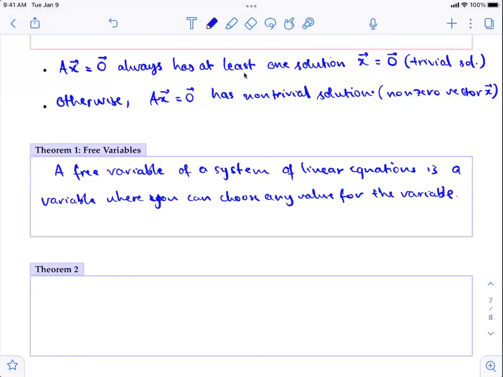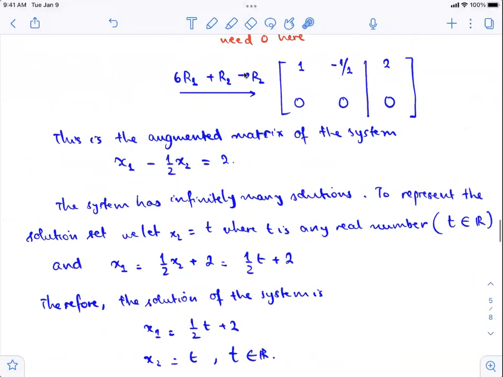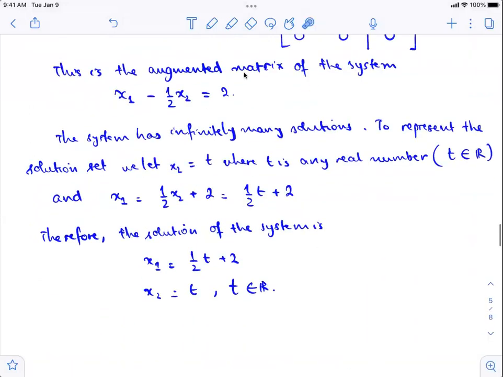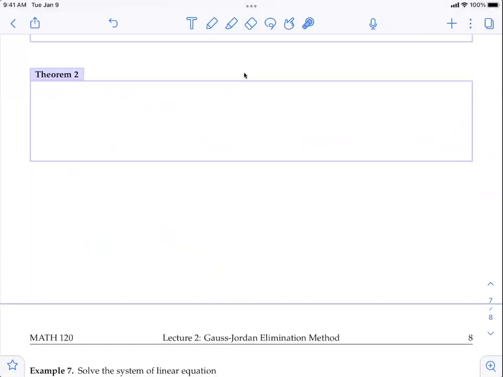And you saw the free variable occur in one of the examples earlier. We see that in example 5, the free variable occurs in this equation, x1 minus 1/2 x2 equal to 2, and we chose x2 to be a free variable. Of course, there's another case where you can choose x1 as the free variable. So again, the free variable is the variable where you can choose any value for that particular variable. Okay, one more theorem, one more example, and we're good to go.